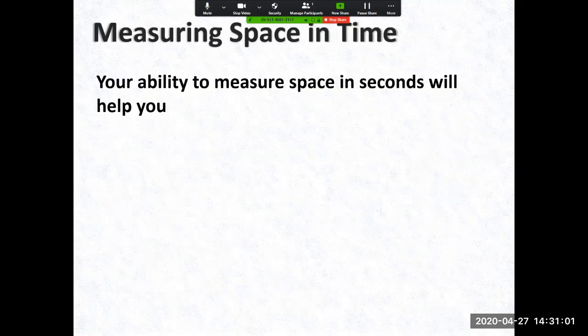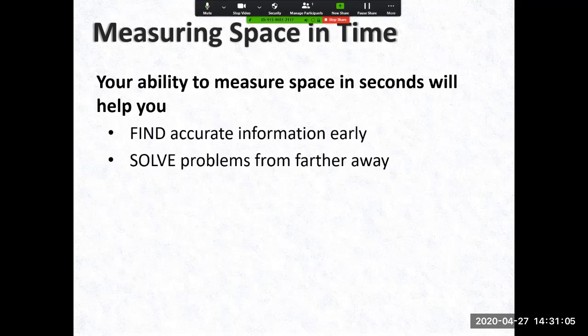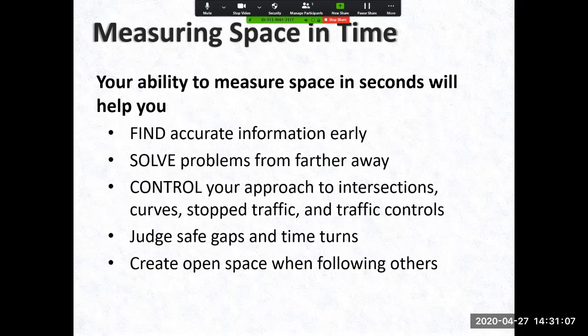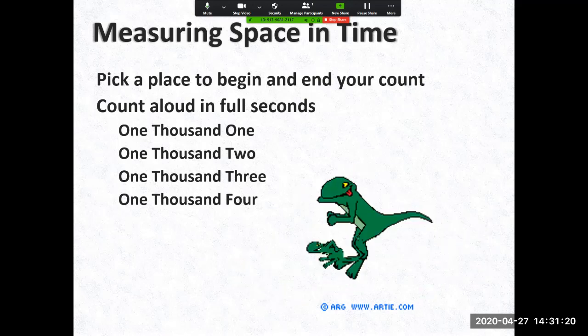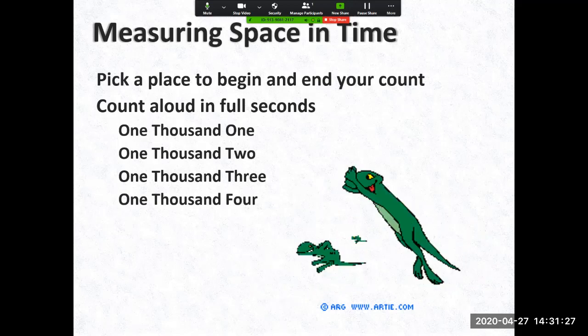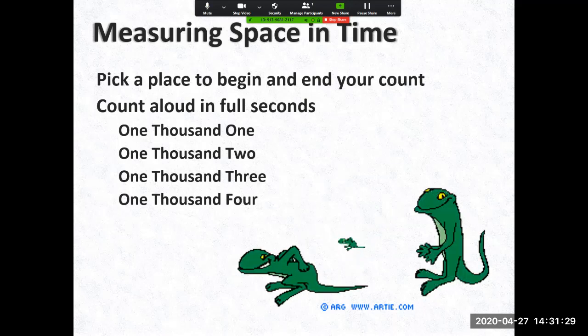Okay. Measuring space, you'll be able to find this accurately. The way that you can do it, if you're following someone, is real easy. You're going to pick a spot, and then you're going to start counting 1,001, 1,002, 1,003, 1,004, and then you're going to be at that same spot where you started counting for them. So let's say there's a sign right here.